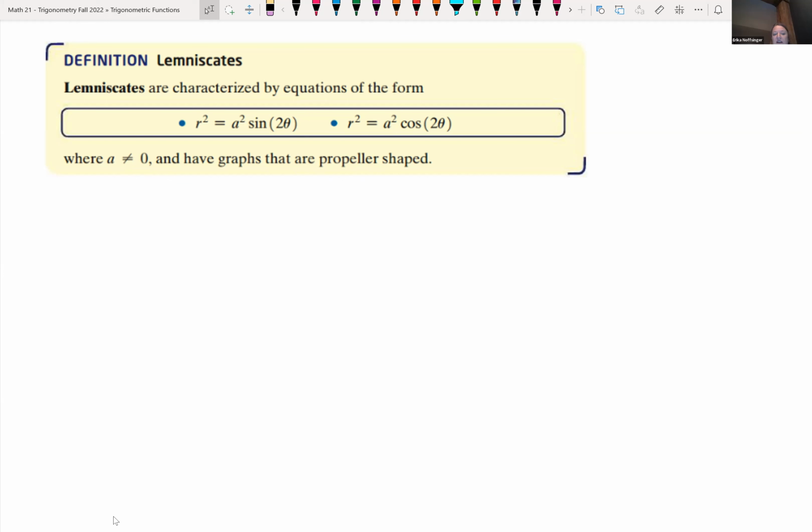And the graphs are going to have a propeller shape. So let's look at graphing one of these, and then we will be finished with this section. And we'll review what we had just gone over and the different types of equations and the different types of shapes that you would get.